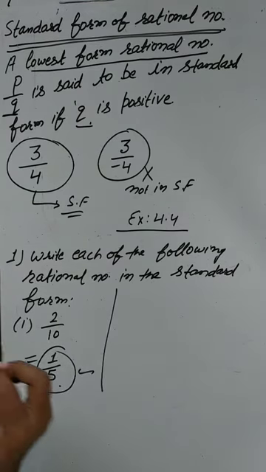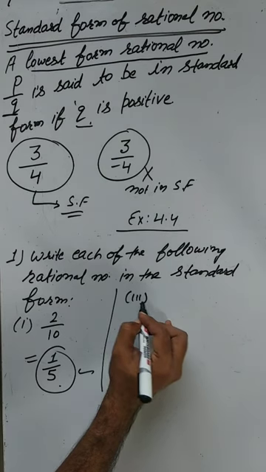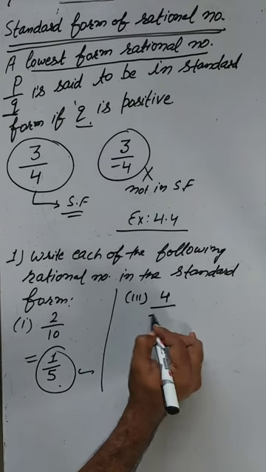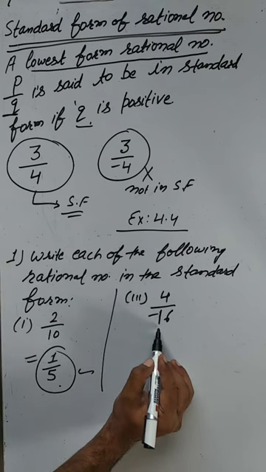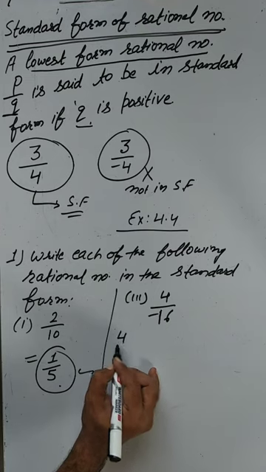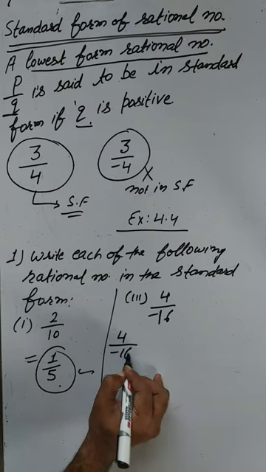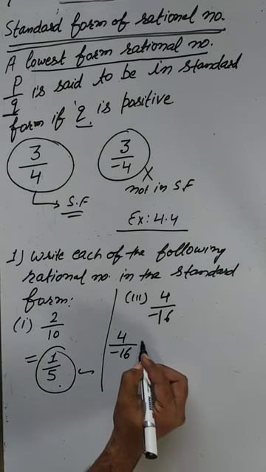Similarly, beta, you can try third part. 4 upon minus 16. First of all, look at the denominator. Denominator here, beta, minus 16. So firstly, make the denominator positive. You know how to change the sign of the numerator and denominator. I have explained in the exercise 4.2.